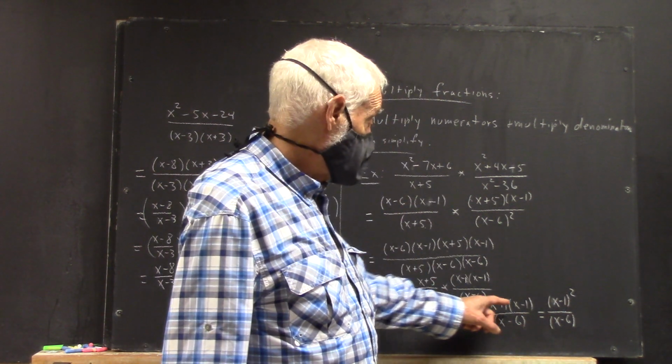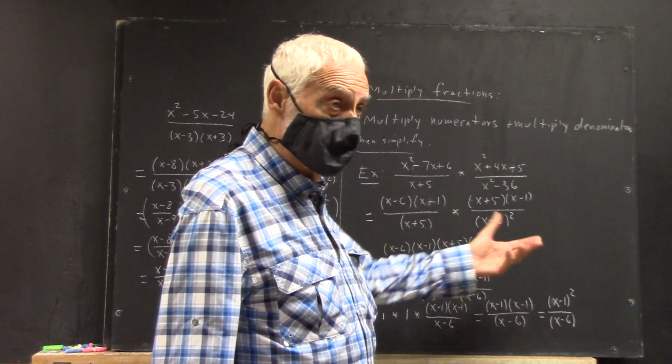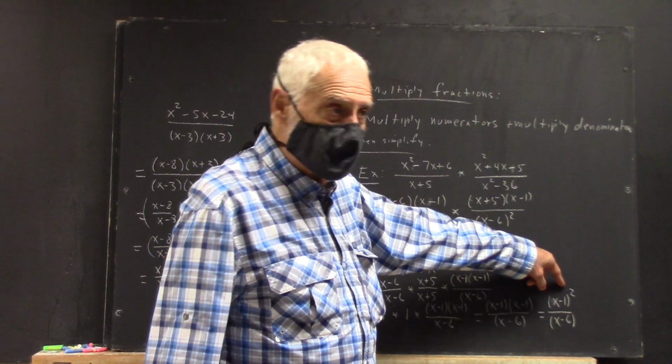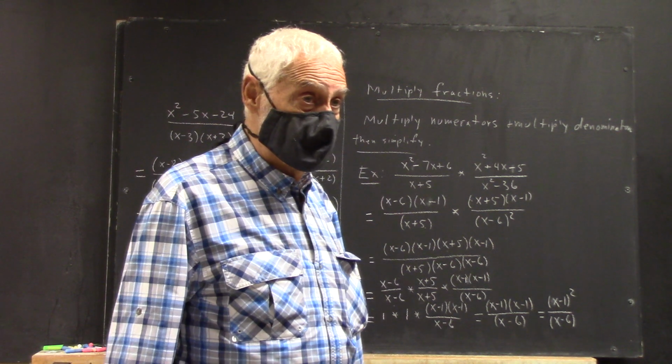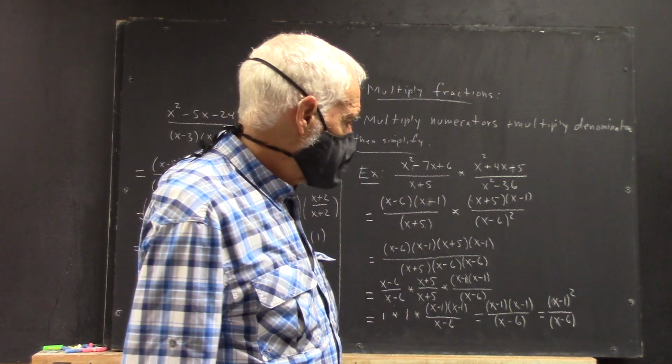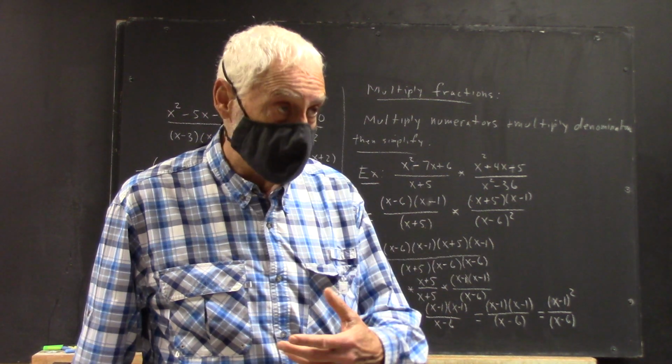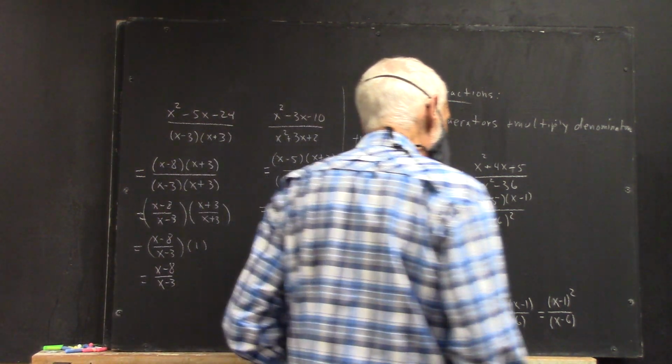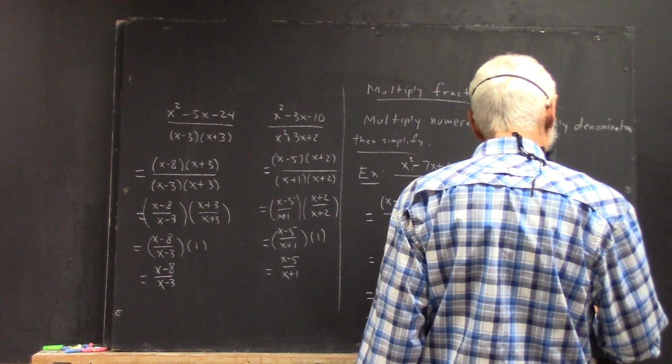You don't want to keep having to write x minus 1. If you had x minus 1 to the 42nd power, you would certainly write it with an exponent, right? So, writing with positive exponents where possible, that's kind of what we want to do. Or we might expand this.